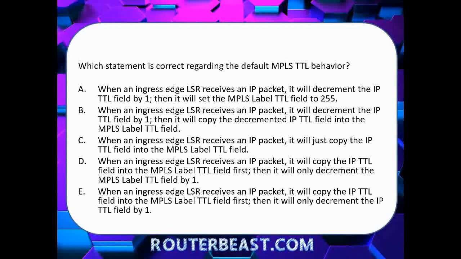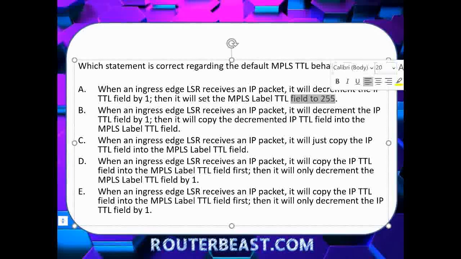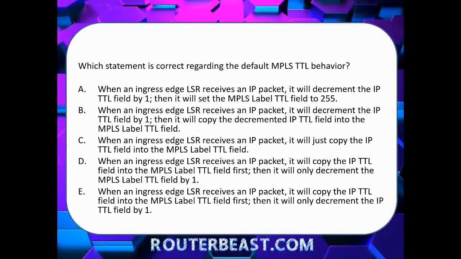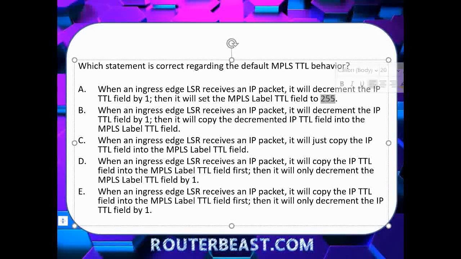Then it will copy the decremented... let's see. Then it will set the MPLS label TTL to 255. The reason why this doesn't make any sense is because that doesn't decrement the MPLS TTL field at all. There's no dropping of that TTL, and so that doesn't make sense.